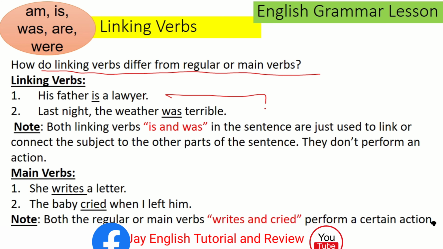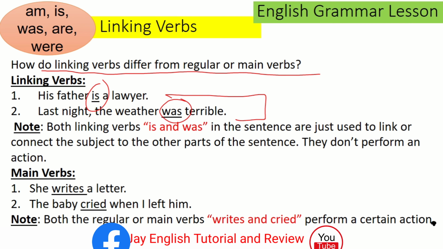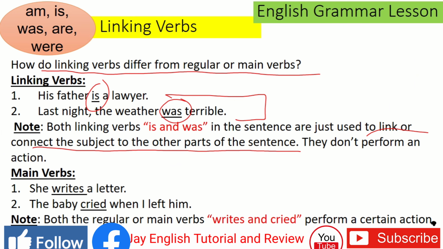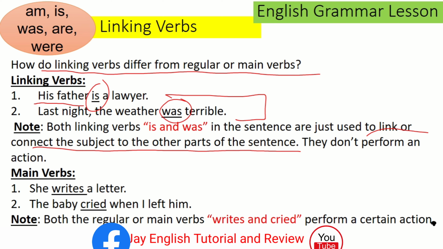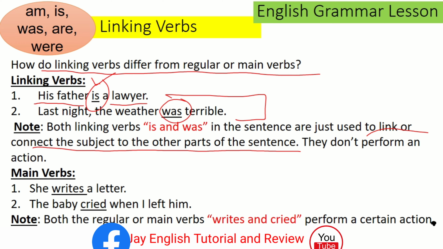In these two sentences or examples, the linking verbs is and was are only used to link or connect the subject to the other parts of the sentence. It means that the subject, his father, is being connected by the verb is to another part of a sentence, which is a lawyer. Or a lawyer here is a predicate noun, or complement.